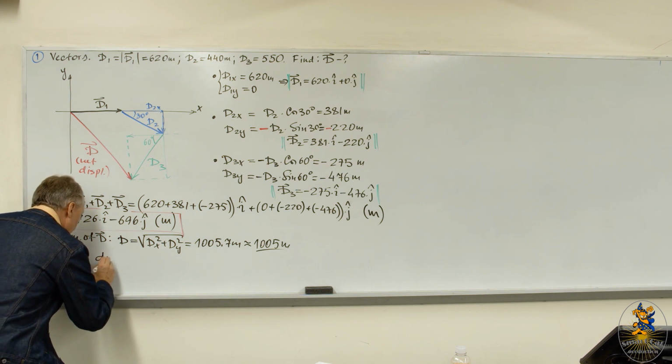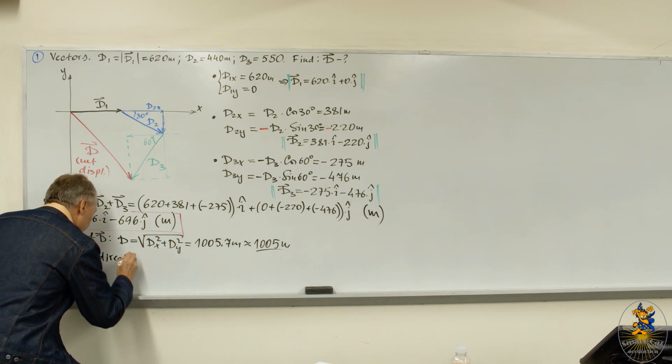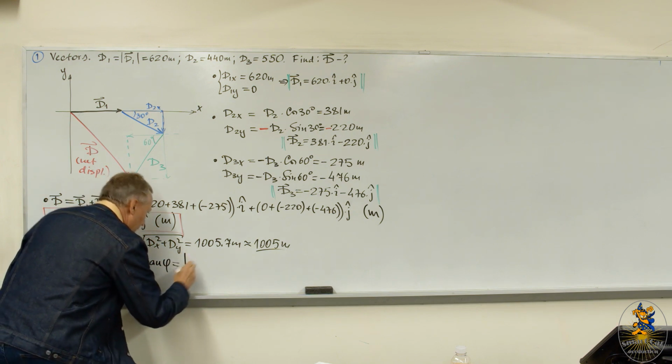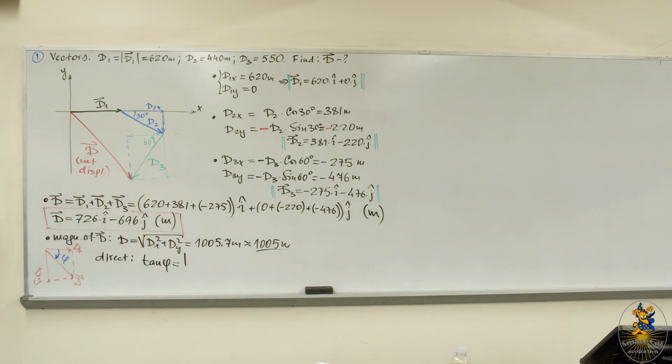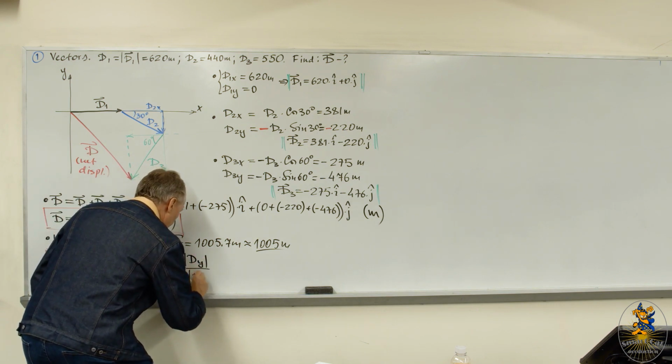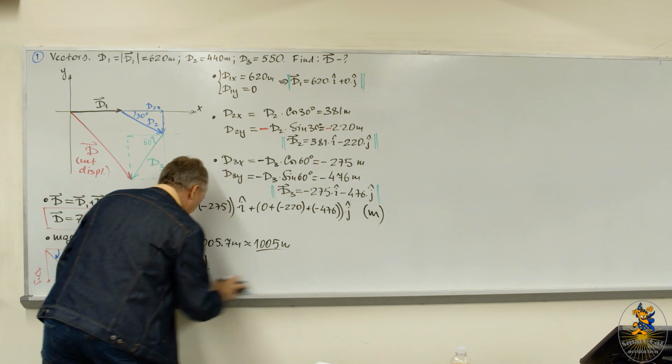So now it's a direction. Tangent of phi is the ratio of the opposite side, which is the y component, versus the adjacent side, which is the x component, right? So the absolute value of dy divided by the absolute value of dx.